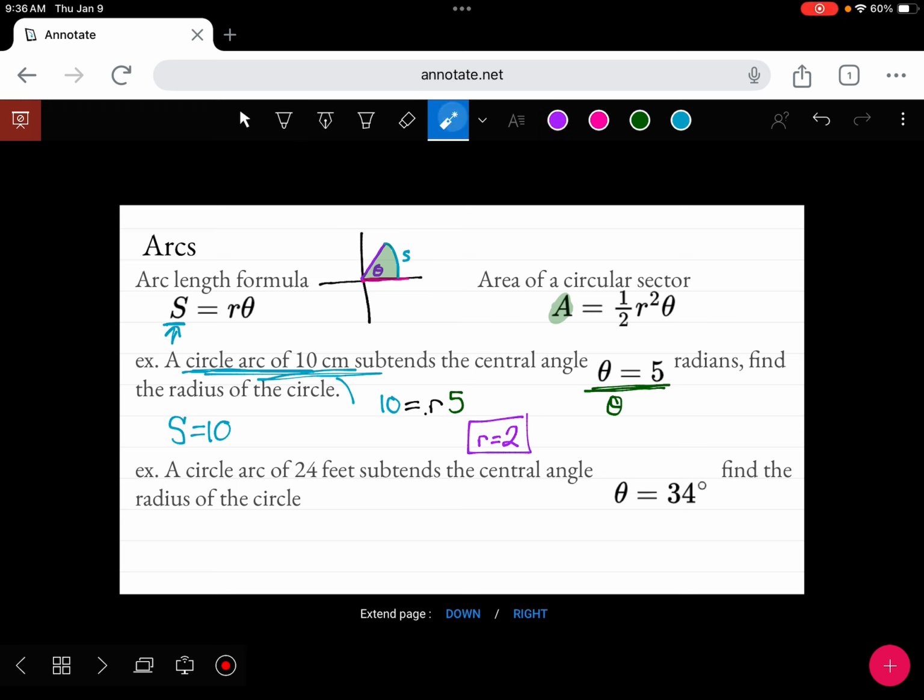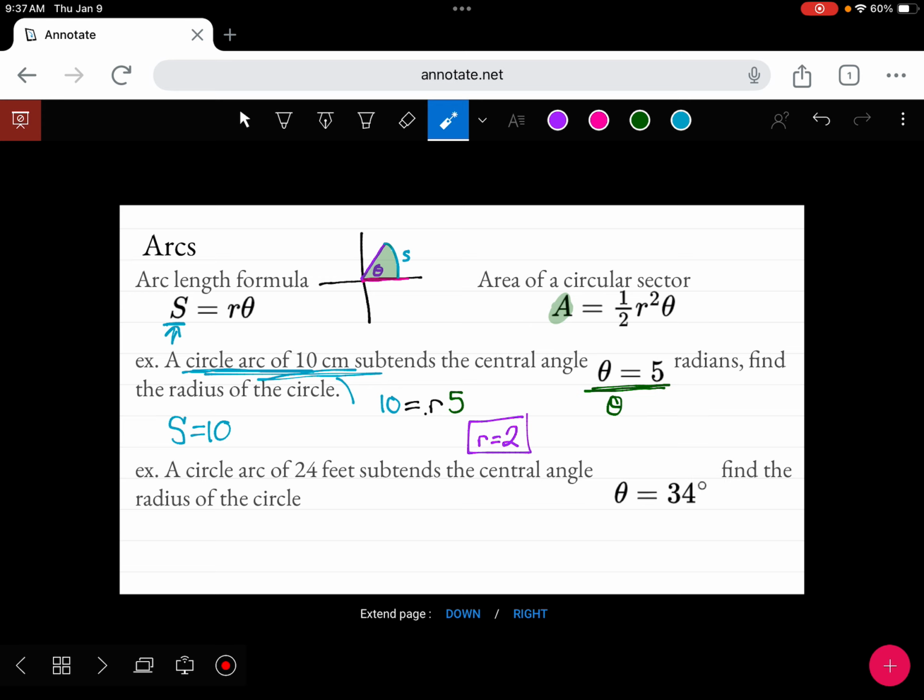One thing that's super duper important in these formulas, and I forgot to mention up here: it makes a difference whether it's in radians or in degrees. Theta in formulas has to be in radians. Not optional, not negotiable, must be in radians.